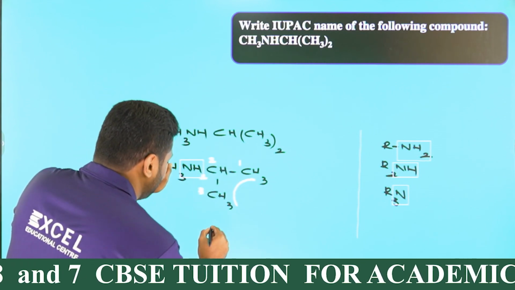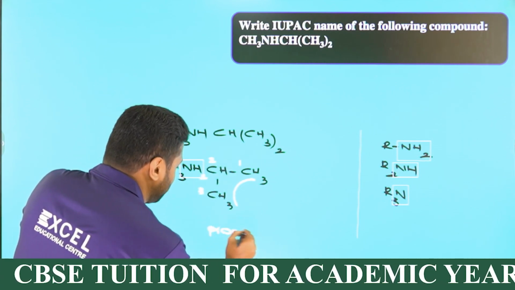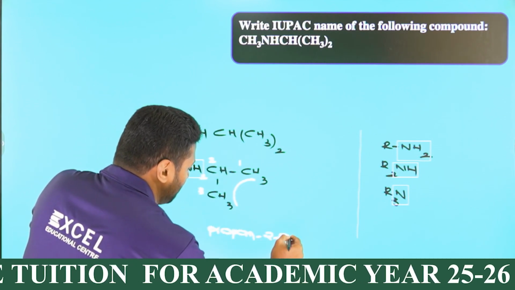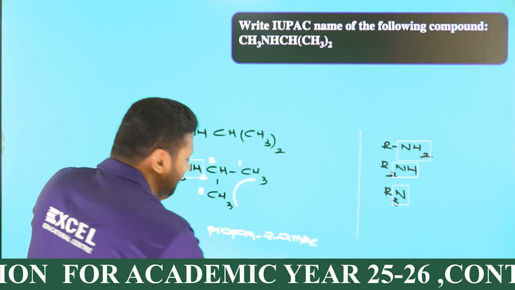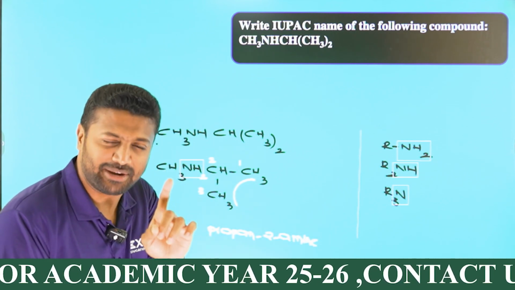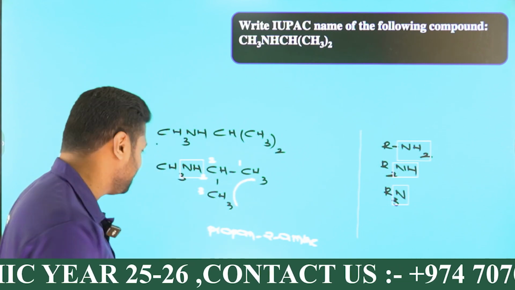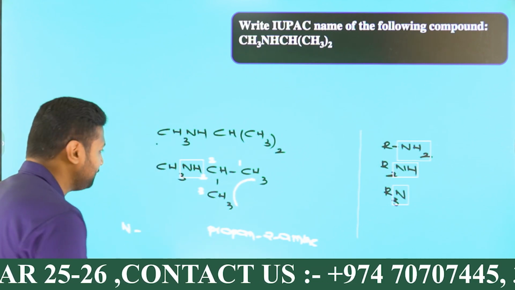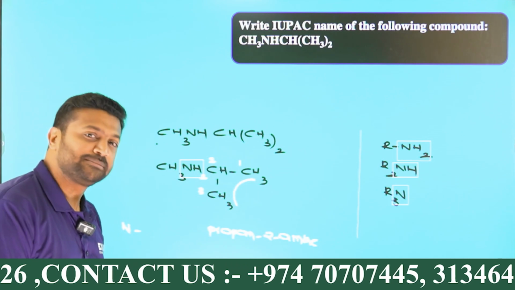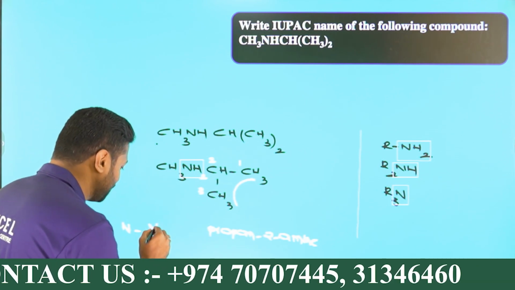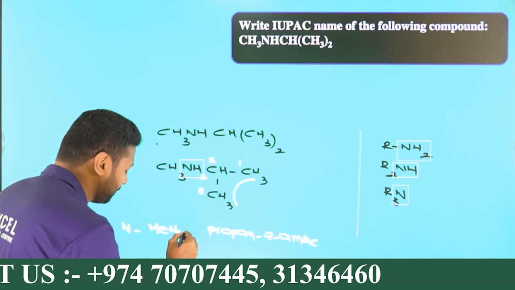So the name of the compound will be propan-2-amine. In addition, since it is a secondary amine, there will be 1 lower alkyl portion masked, so we put a capital letter N hyphen. The masked one is called methyl. So the name of this compound will be N-methyl propan-2-amine.